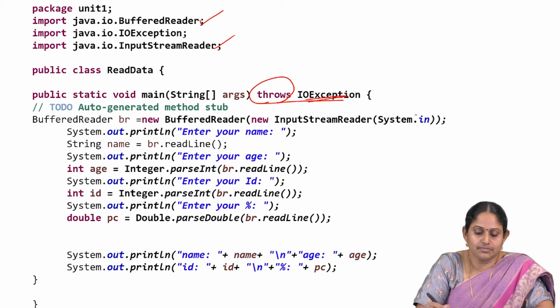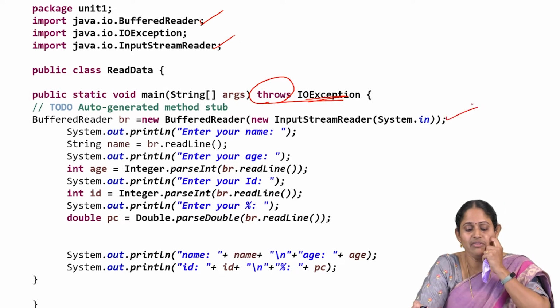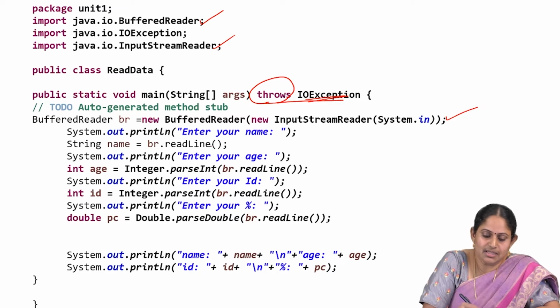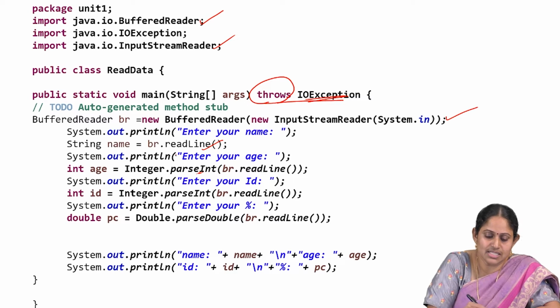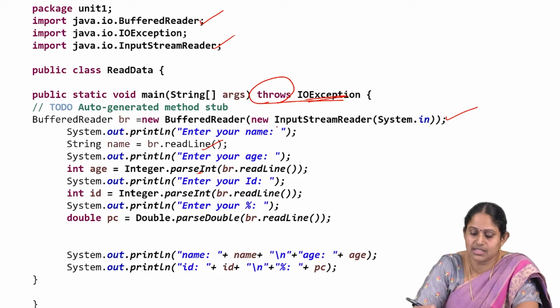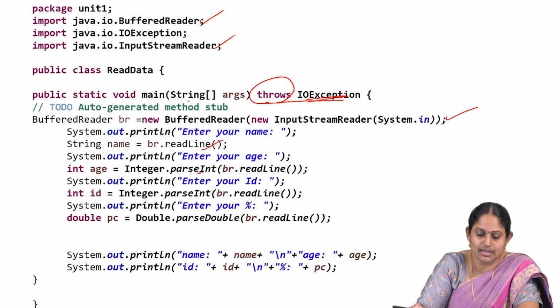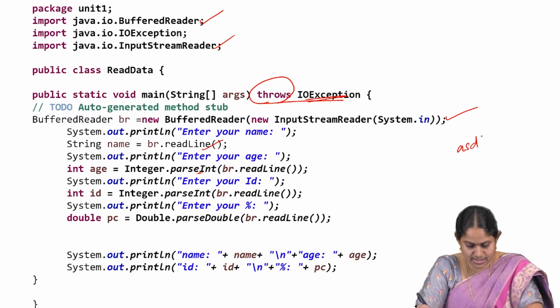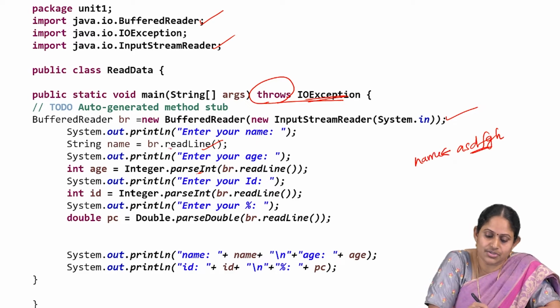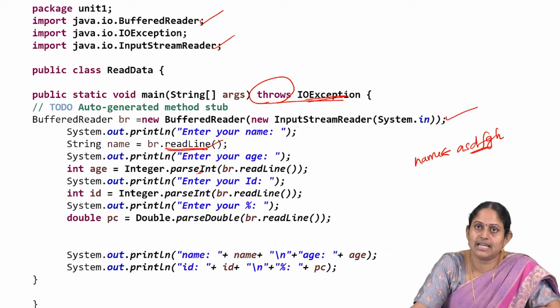Then we are creating the BufferedReader object. Now these are the methods which are available inside it. First we are entering our name, which could be a string. Let's say we are entering ASDFGH. We are reading this string, so to read a string we use the method readLine.